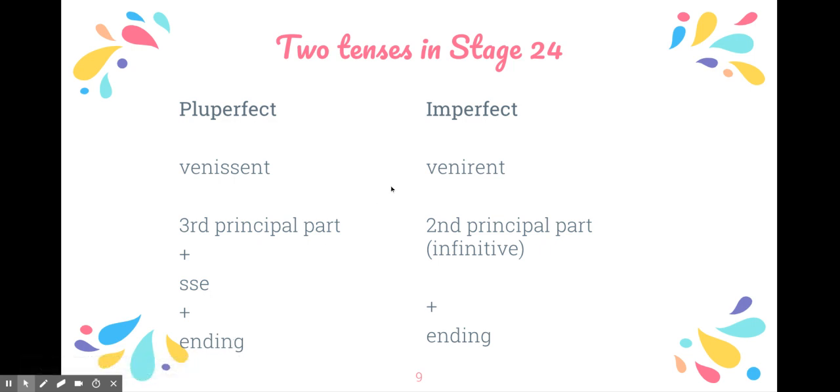In the imperfect tense, we have a verb like venirent. The imperfect subjunctive looks like the second principal part, which you previously have known as the infinitive, and then an ending. It's actually pretty straightforward.